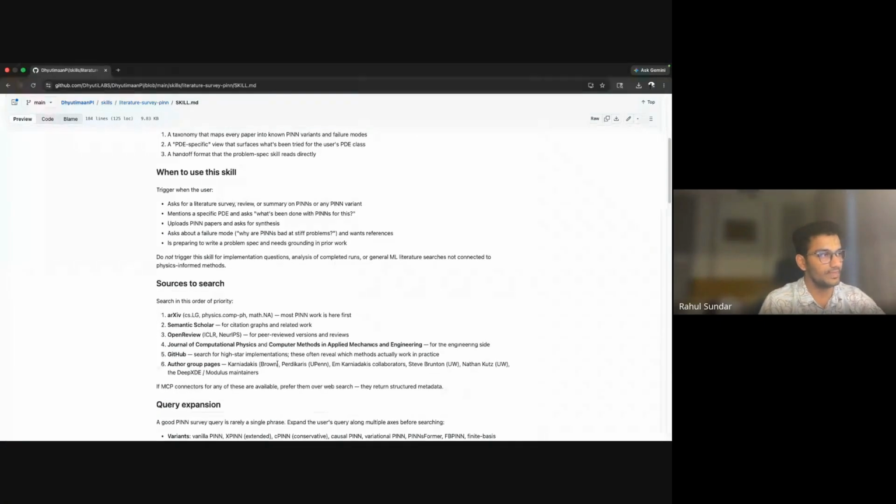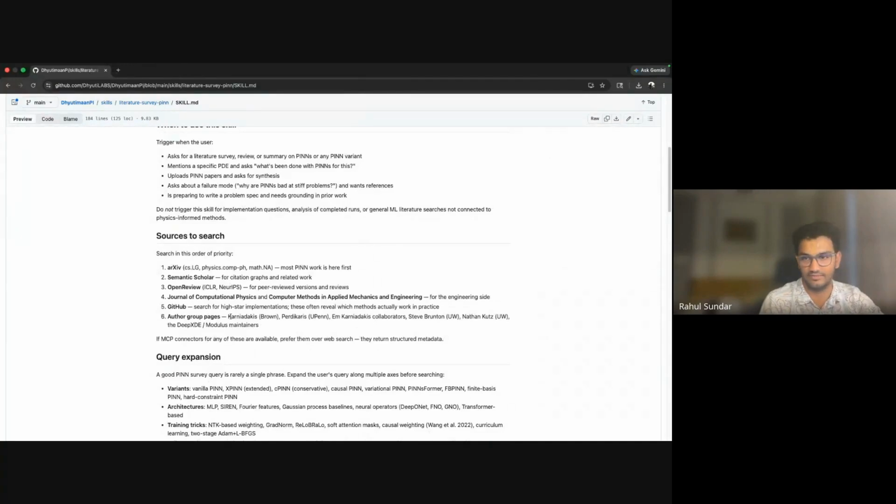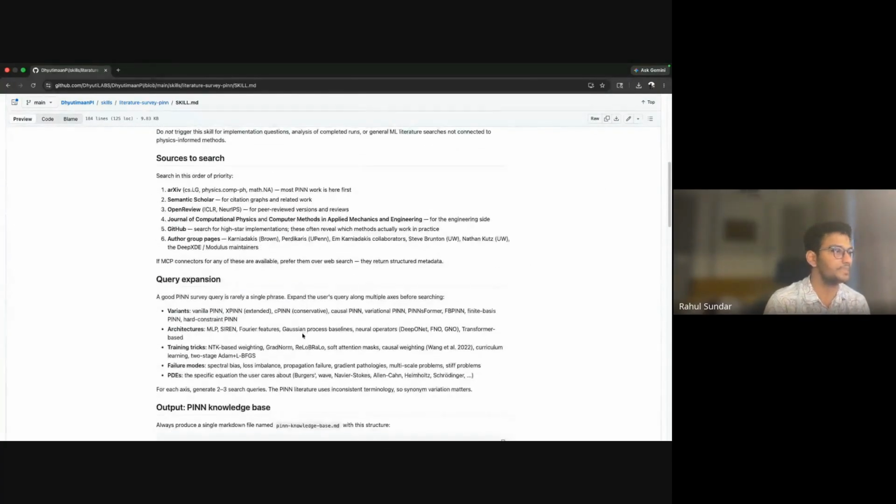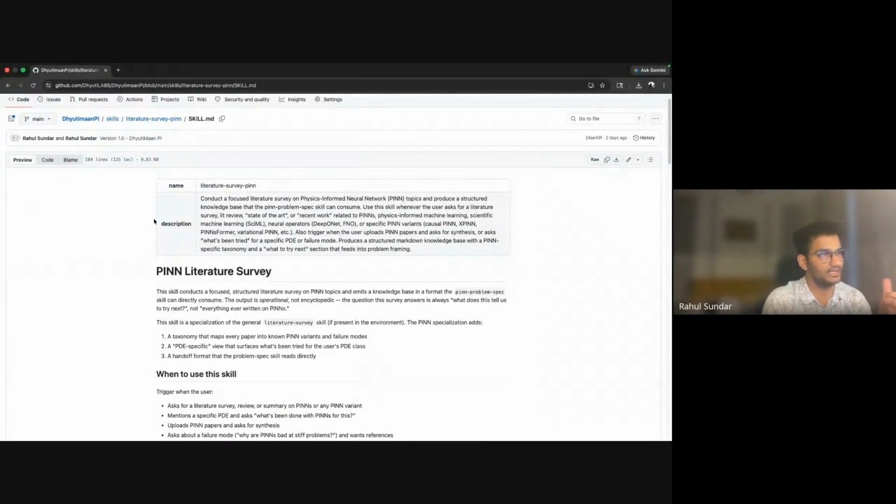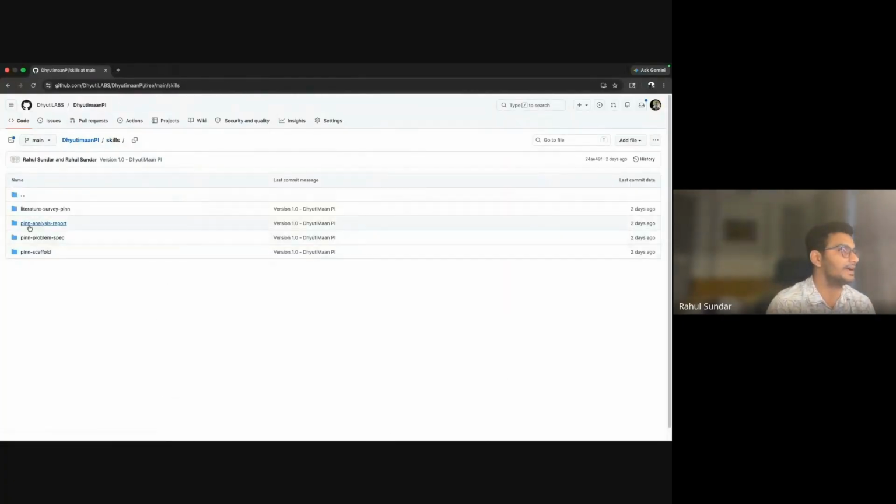For example, author group pages, like following the very top authors in this area, highly cited folks like Karniadakis, Perdikaris, his collaborators, Steve Brunton, Nathan Kutz, etc., and the contributors for various modules like DeepXDE, Modulus, etc. And then query expansion, and then anti-patterns. So these become very important for this particular skill. And I'll even show an example, if time permits, of what happens when you don't do a literature survey versus when you do. And then let's look at problem spec.